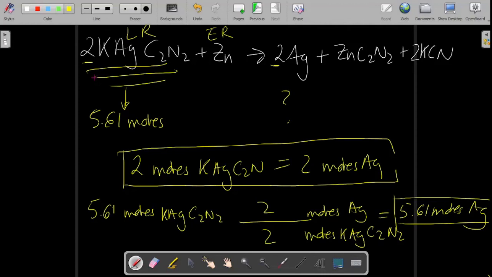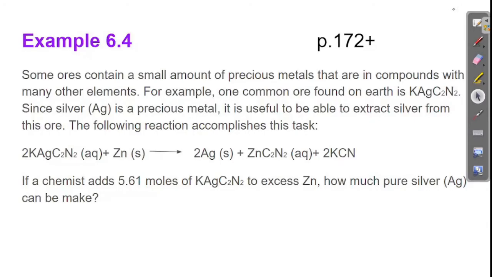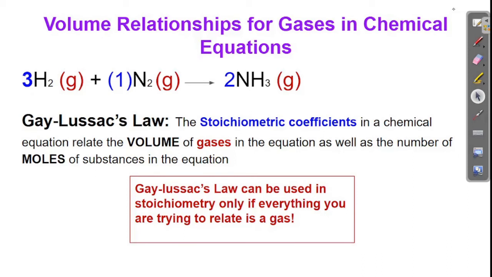Okay, let me clear this for a second and go back to the last part of instruction. Now, volume relationships for gases in chemical equations. The stoichiometric coefficients, so those numbers, the 3, the one that's implied, and the 2, we said they were moles.